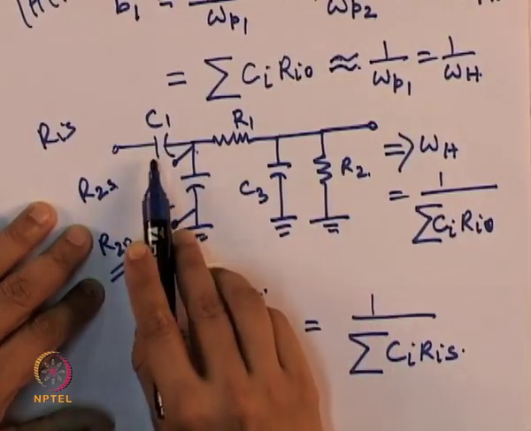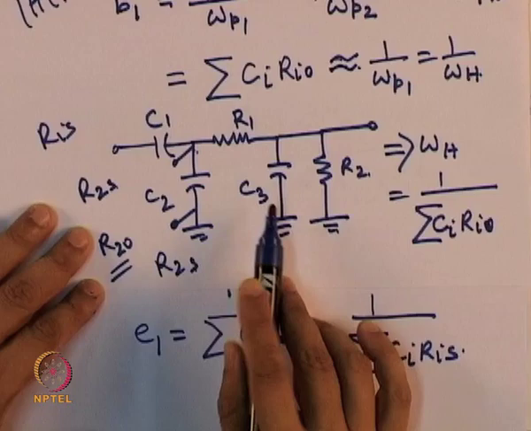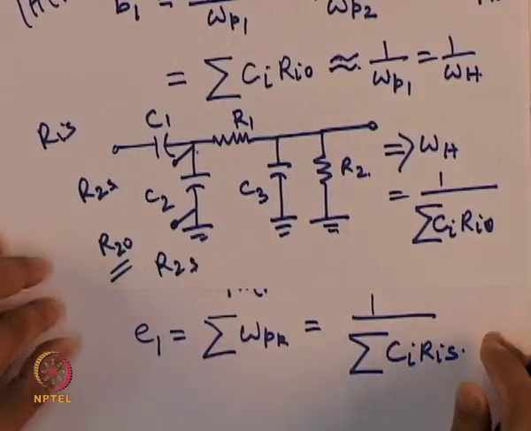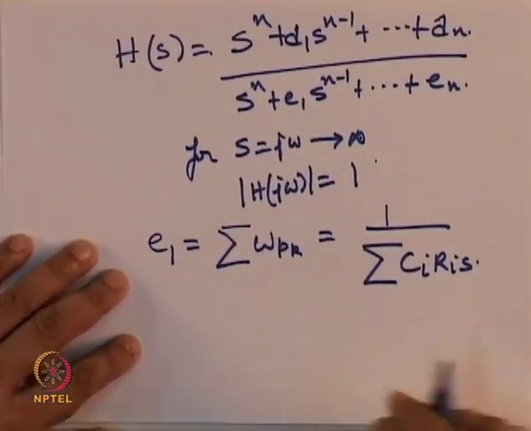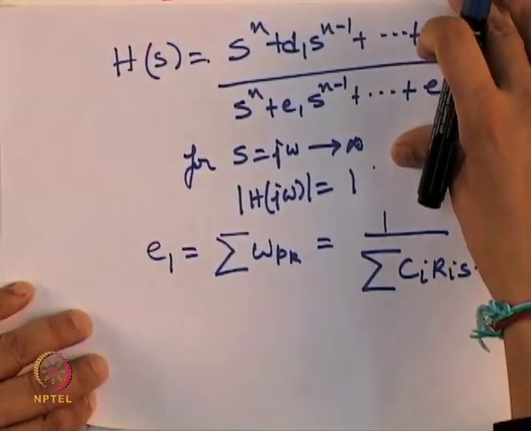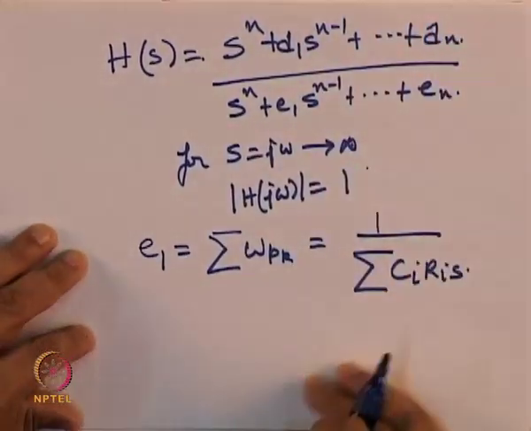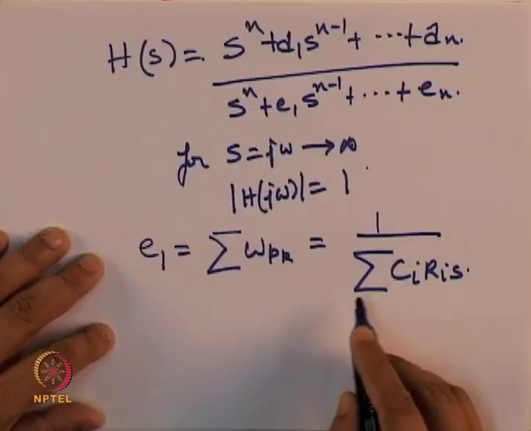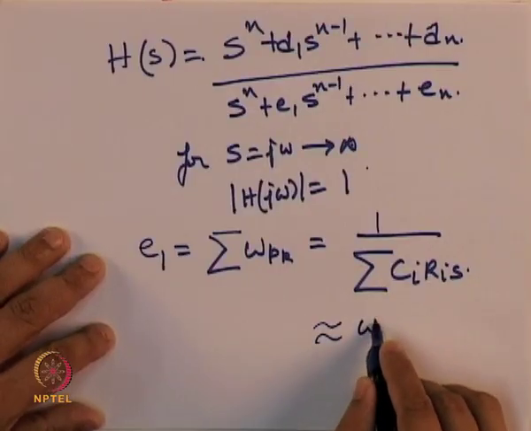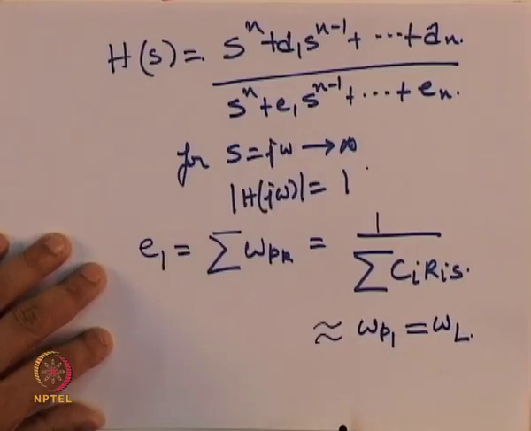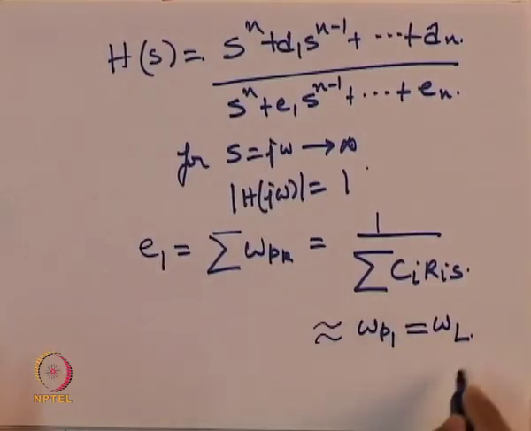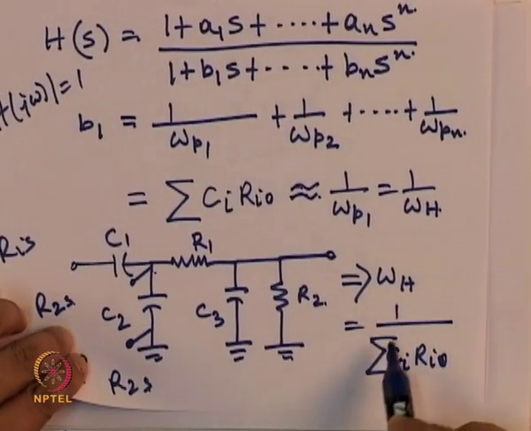And if there is a dominant pole omega p1 present, then that will be at least 4 times larger than other poles and zeros. So, this will be nearly equal to omega p1, which is equal to omega L.